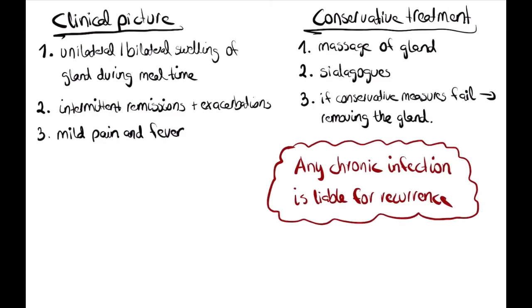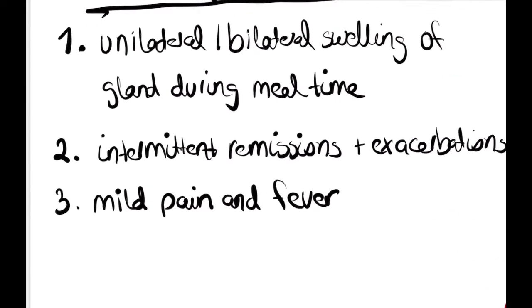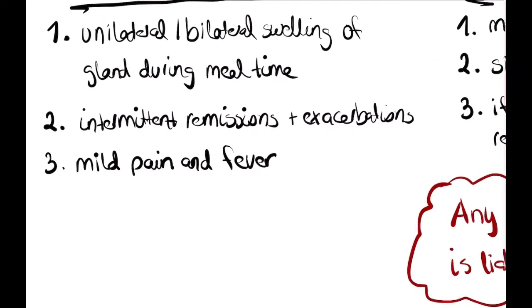Then the clinical picture: unilateral or bilateral swelling of the gland during mealtime. This is really important. We have intermittent remissions and exacerbations, so it goes and comes again, and we have mild pain and fever.